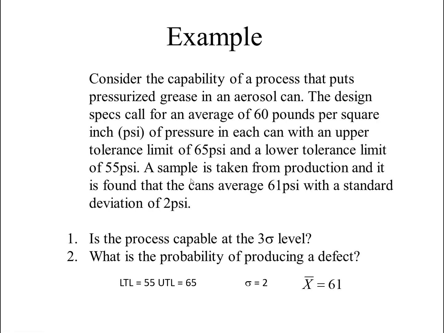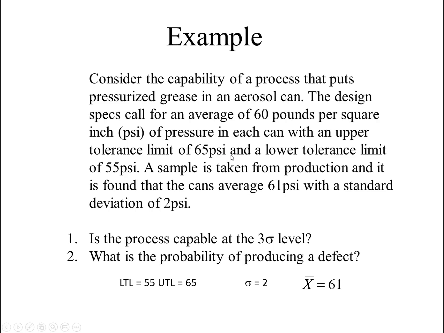Okay, there is another example. Consider the capability of a process that puts pressurized grease in an aerosol can. The design specs call for an average of 60 pounds per square inch of pressure in each can with an upper tolerance limit of 65. So the design specification is that the average will be 60 psi, and there will be an upper tolerance limit of 65 psi.